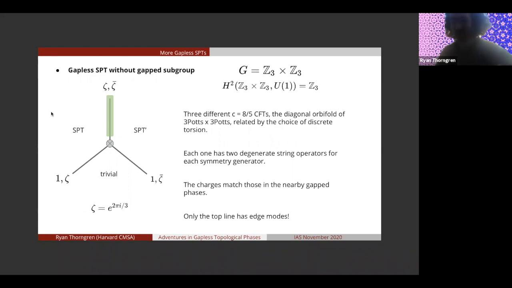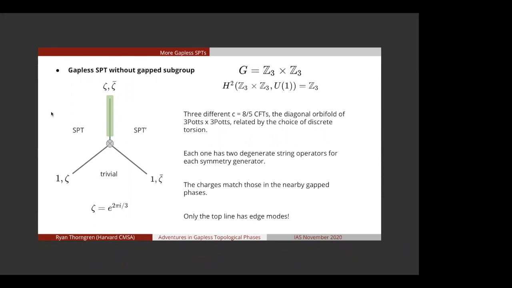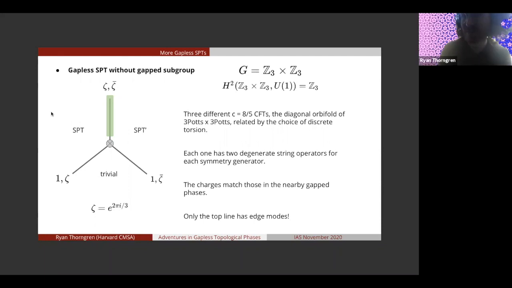Otherwise, yeah, that's the main point that I want to make by this phase diagram. Of course, a general CFT with Z3 times Z3 symmetry has a phase diagram that may look nothing like this.